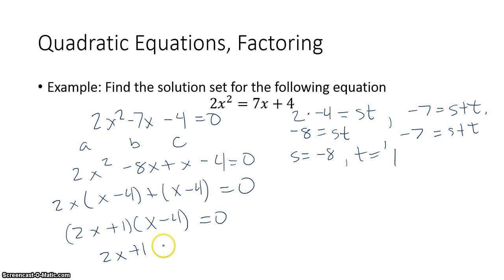Again here we're using our zero product principle. So 2x plus 1 equals 0, or x minus 4 equals 0. We end up with x equals minus 1/2, or x equals 4.